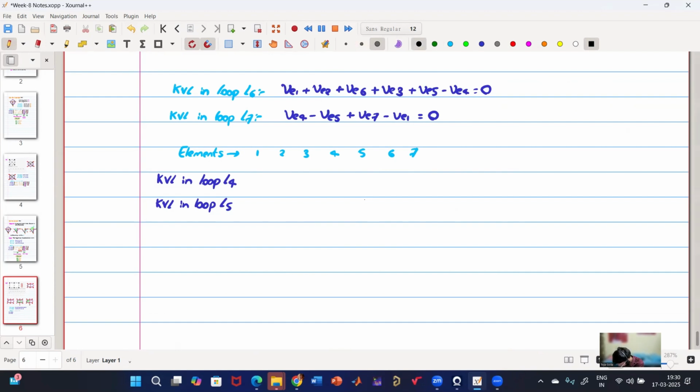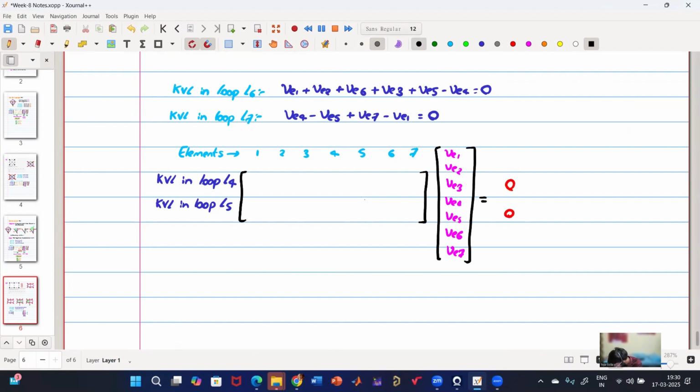So we have a matrix here multiplied by V1, V2, V3, V4, V5, V6, V7. This is equal to 0, 0. Now tell me what are the values: 1, 1, minus 1, 1, 1, 0.